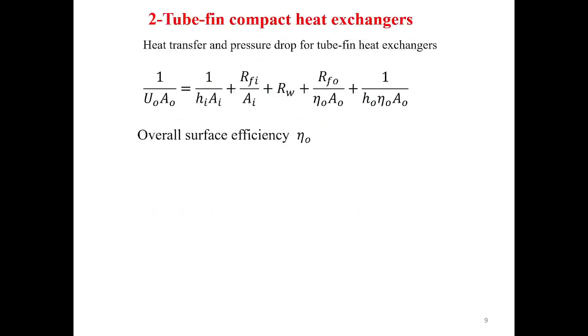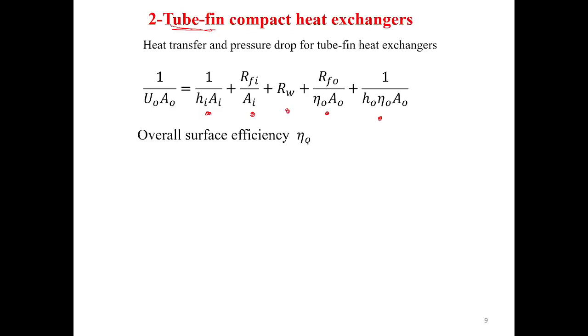In order to calculate the tube fins, of course now we are focusing on the tube fin compact heat exchanger. If you would like to calculate the overall heat transfer coefficient, then you have to add all the resistances, for example the internal resistance, the external resistance, convection, and then two resistances for fouling inside and outside, in addition to the resistance in the wall.